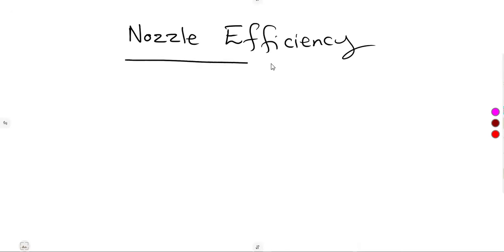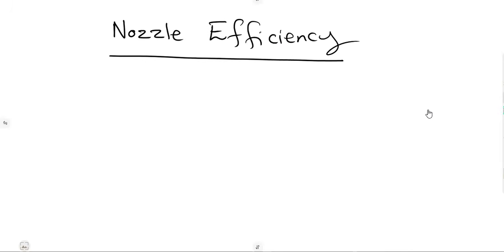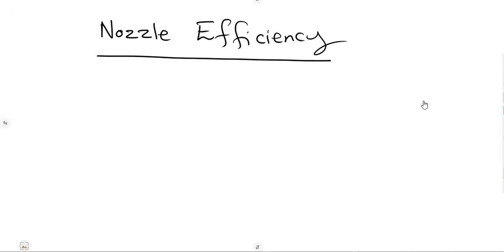To understand the calculations of the nozzle efficiency, it is best that we understand it in a way that when we deal with a gas, we can consider what we refer to as an ideal gas.